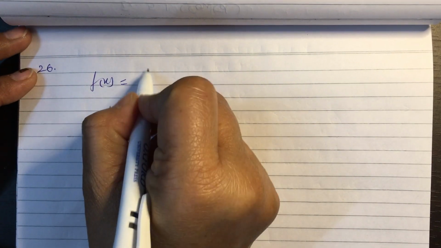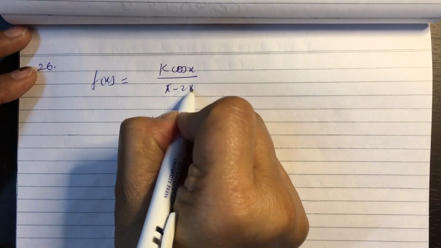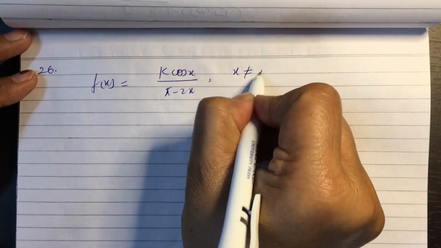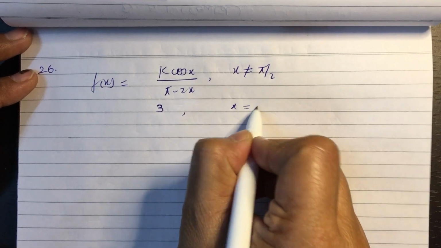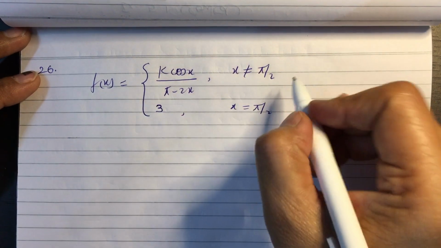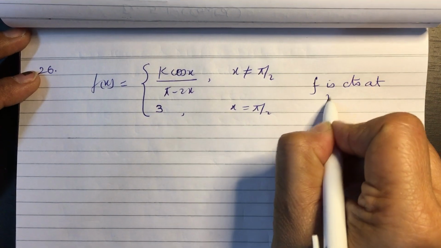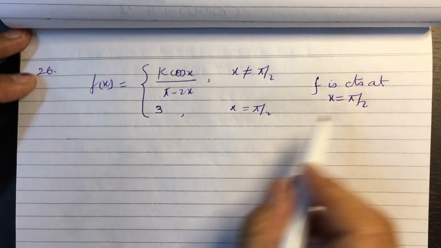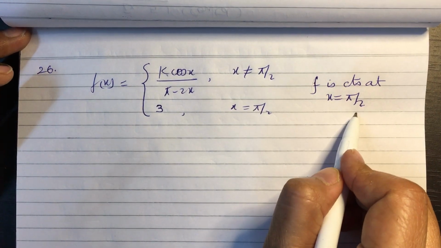Now question number 26, f(x) is defined as k cos x upon pi minus 2x when x is not equal to pi by 2 and it is equal to 3 when x is equal to pi by 2, and we are given that this function f is continuous at x equal to pi by 2, and we have to find the value of k for which this will be true.